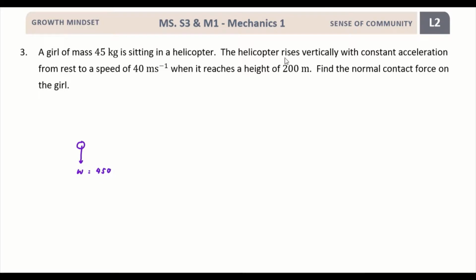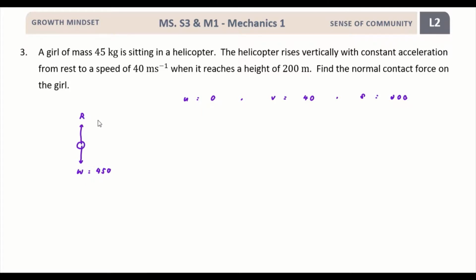The helicopter rises vertically with a constant acceleration from rest to a speed of 40 meters per second when it reaches a height of 200. So we assume that the displacement is 200. The question is to find the normal contact force on the girl. So this is the weight, so the normal contact force will be over here, right?